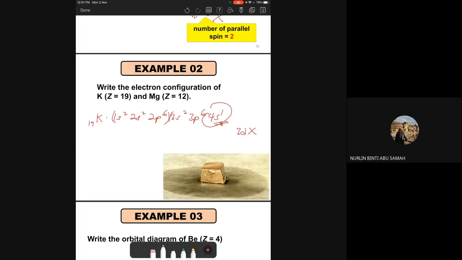Faham? Sebab tu potassium ni dia akan jatuh kumpulan 1, sebab dia ada 1 elektron pada petala valence.